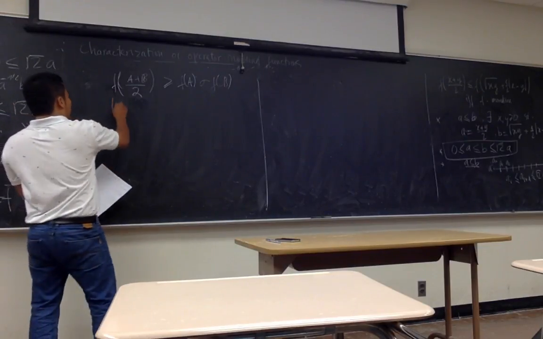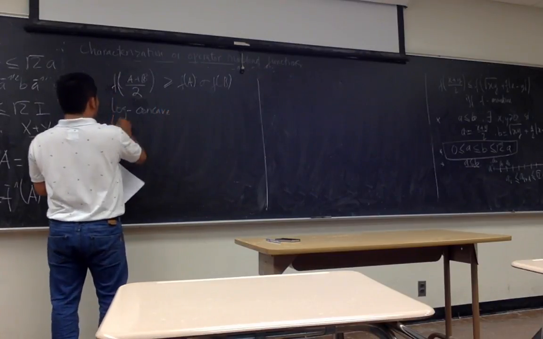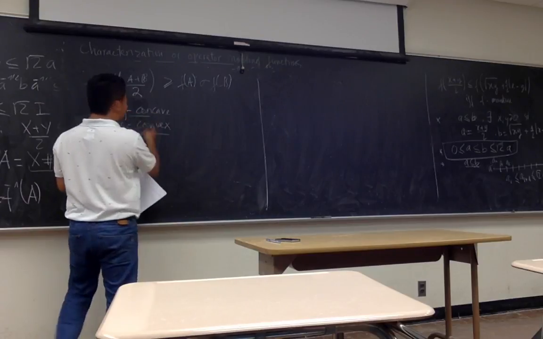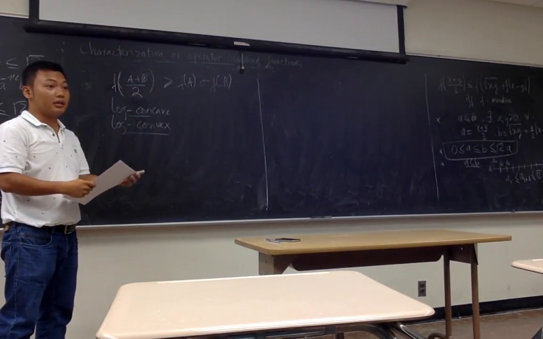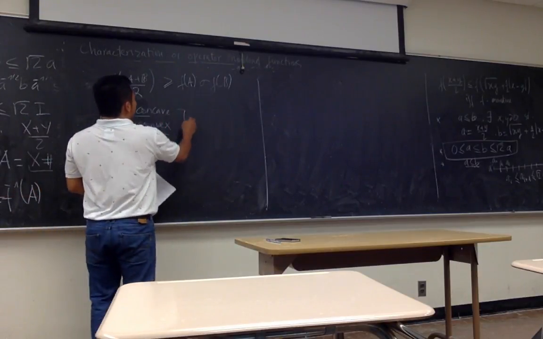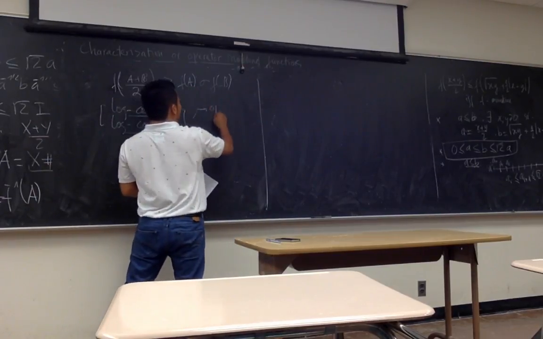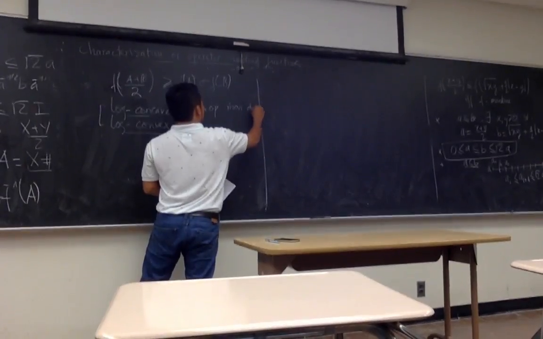But you see, log convex and log concave functions have many applications in optimization theory. But the class of functions, when we consider matrices and operators, is the same as operator monotone decreasing.